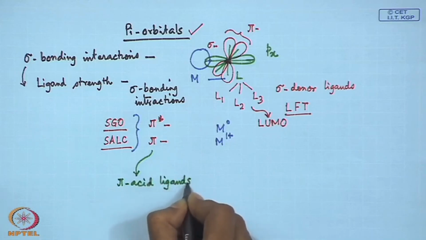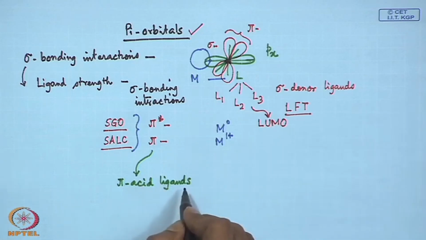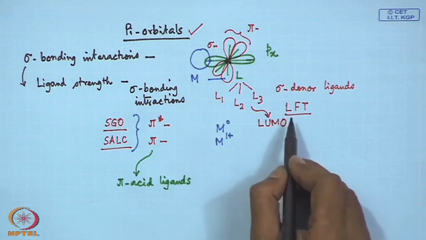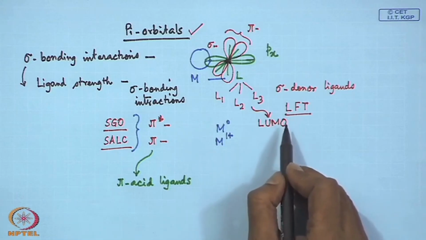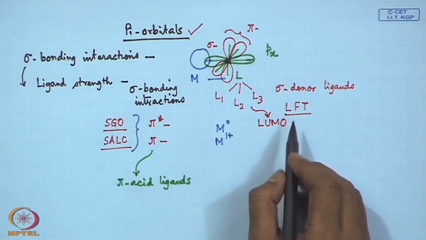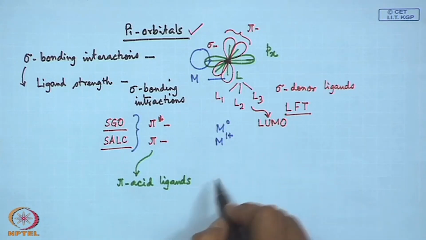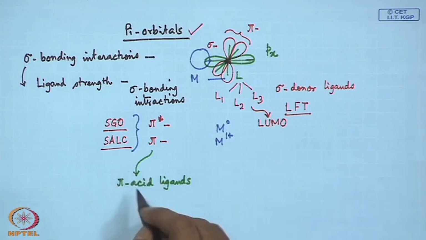Once we know this ligand field theory related to pi interactions, only then can we have some idea of what these pi acid ligands are, because so far, in terms of crystal field theory and the basic ligand field theory for sigma interactions, we have not encountered any orbitals where the interaction is of pi type.